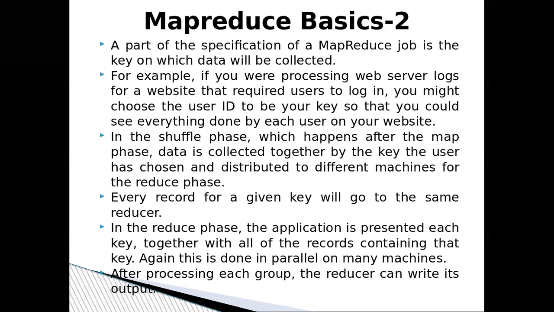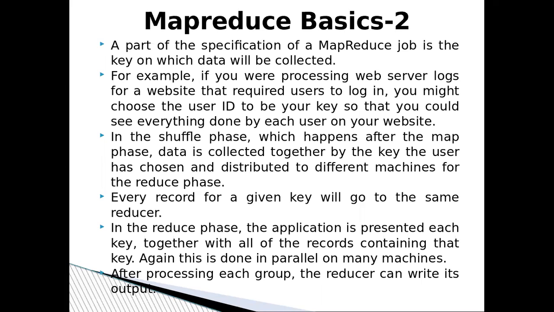Usually we go with a key on which the data is collected. Whenever we are dealing with the map task, it is done with the help of a key. For example, if you are choosing some log data, then the user ID could be the key. After the map phase, there is a shuffle phase, in which the data is distributed to different machines for the reduce phase.